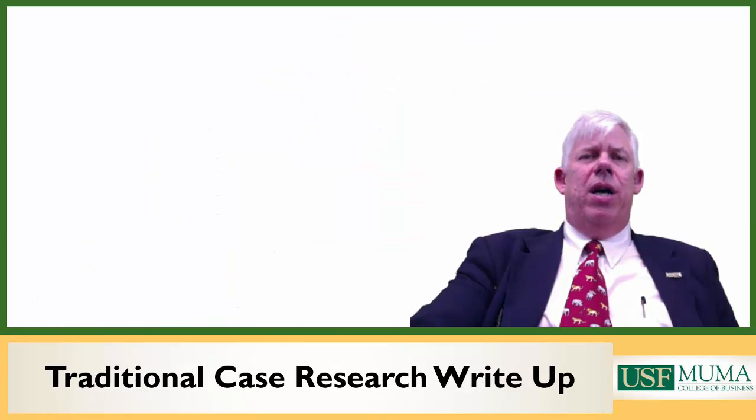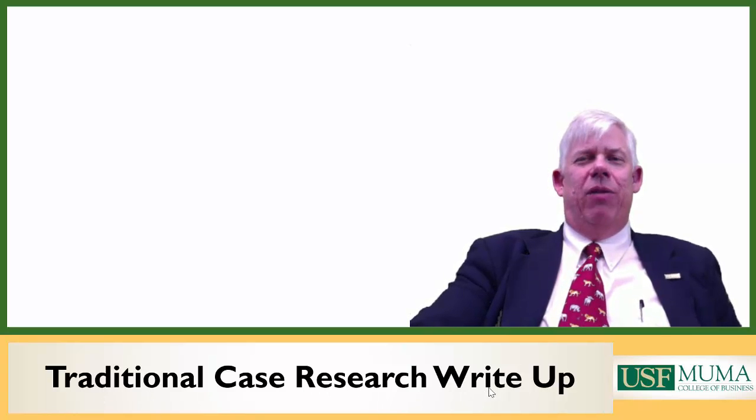So when it comes time to actually write up your case research, there are variations in how you can write it up. For the most part, even if you've used relatively non-traditional data gathering methods, I would encourage folks to use the traditional research write-up if they're actually interested in publishing in an academic journal.